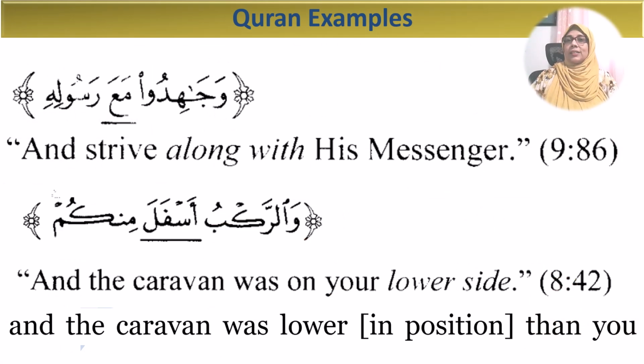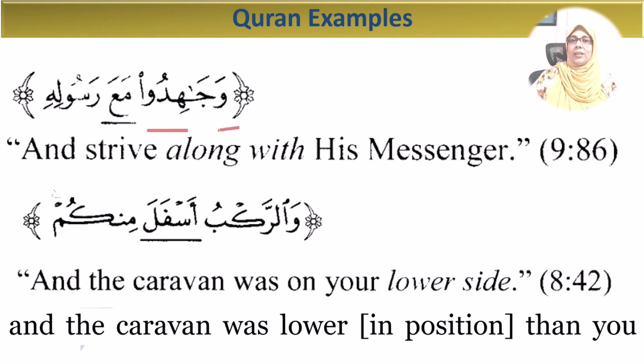Now let's practice some adverbs that we have learned with portions of the verses shown here. The first verse here is wa jahidu ma'a rasulihi. It means and strive along with his messenger. Let's break this down. Wa means and.